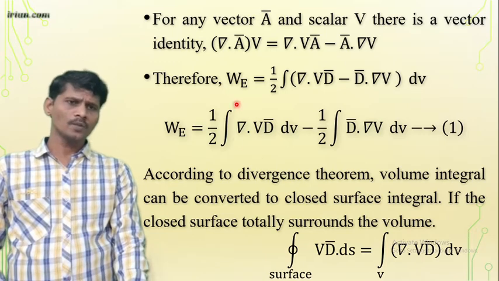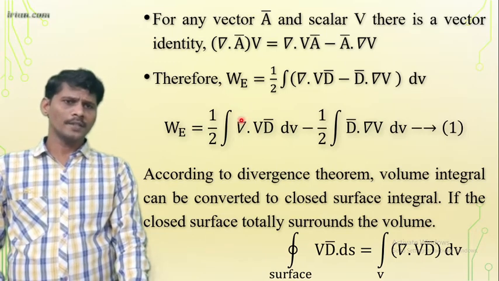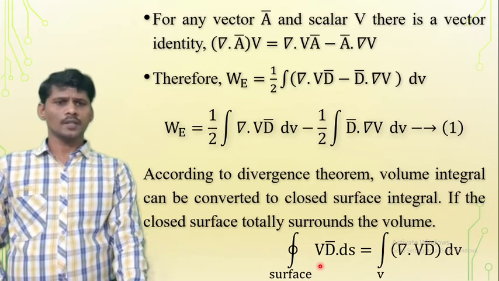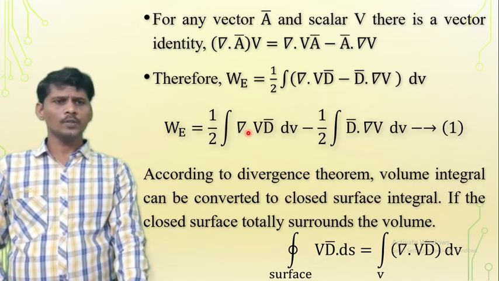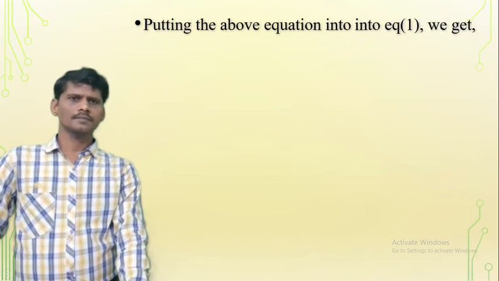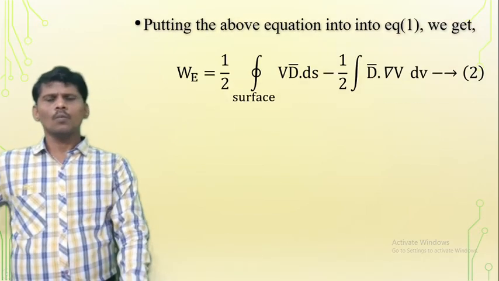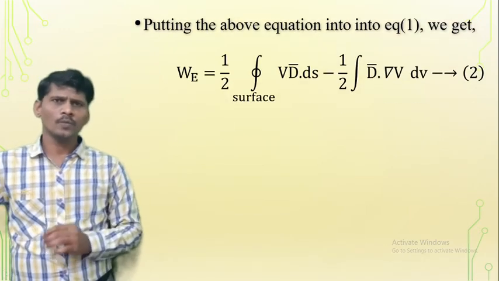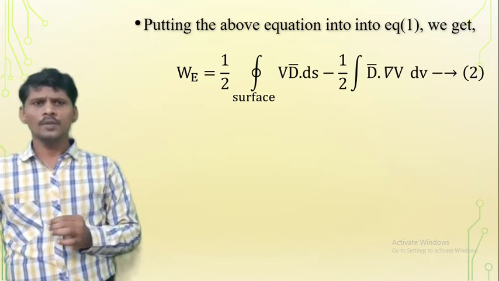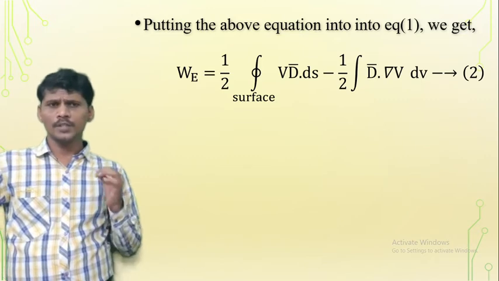Substituting this into equation 1, we get the energy stored W equal to 1 by 2 closed surface integral of V D bar dot dS bar minus 1 by 2 volume integral of D bar dot del V into dV.